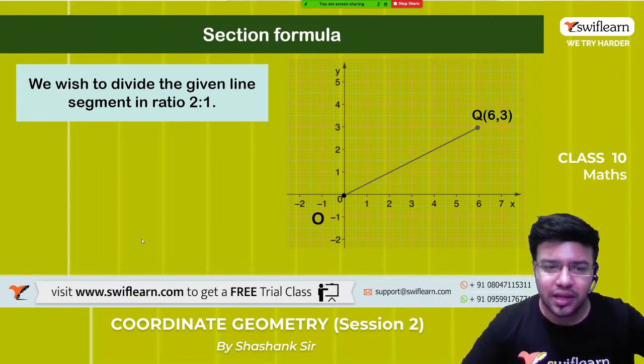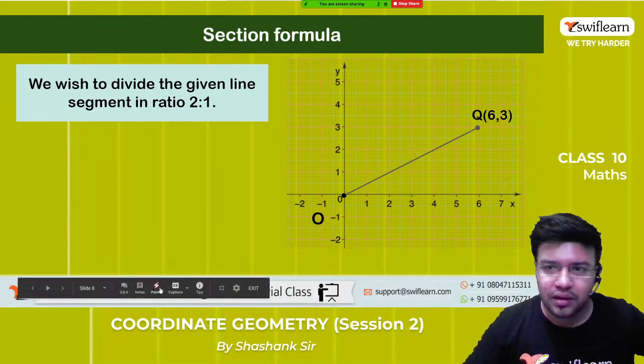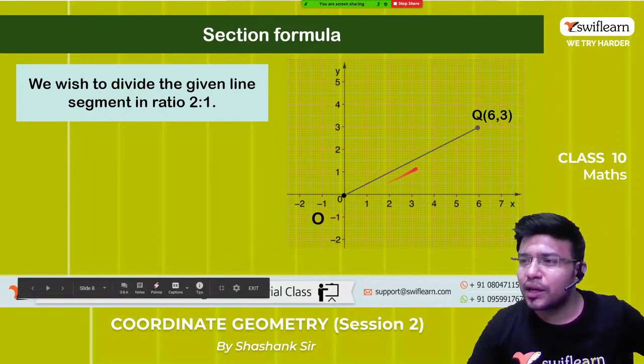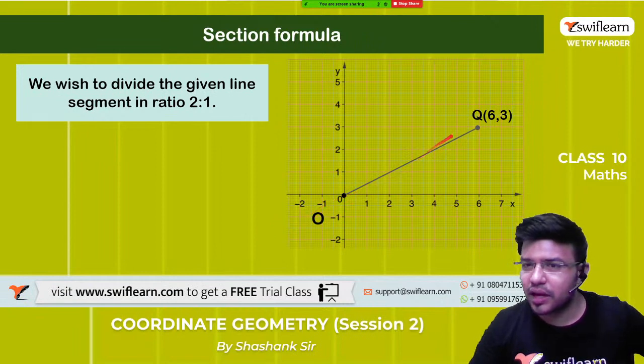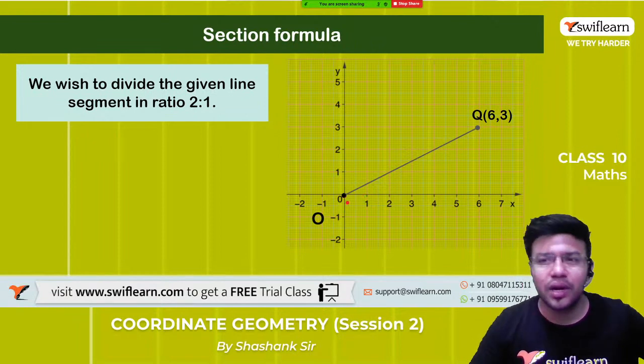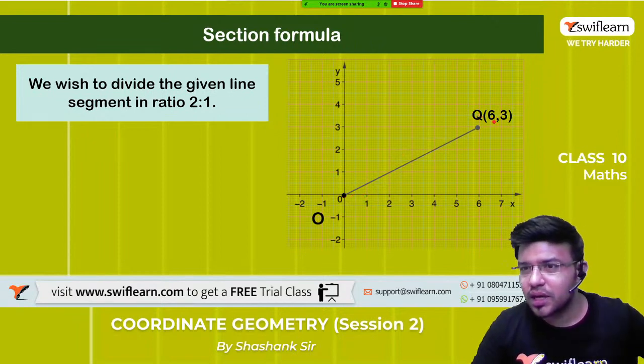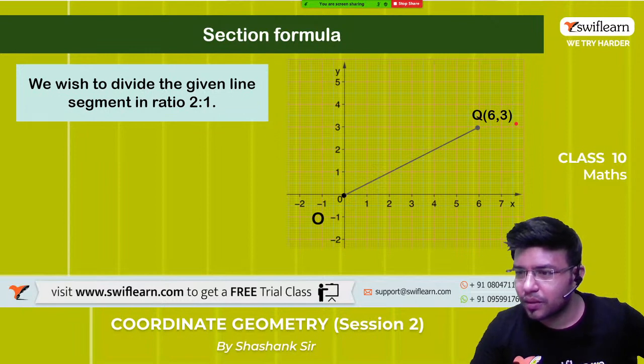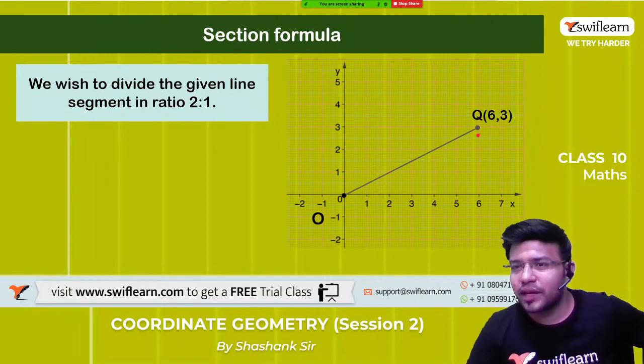Suppose, see that there is a line OQ. Okay, there is a line joining the points O and Q, where the coordinates of point O is (0, 0) and coordinates of point Q is (6, 3). Okay, Shreya, it is like 6, 3.